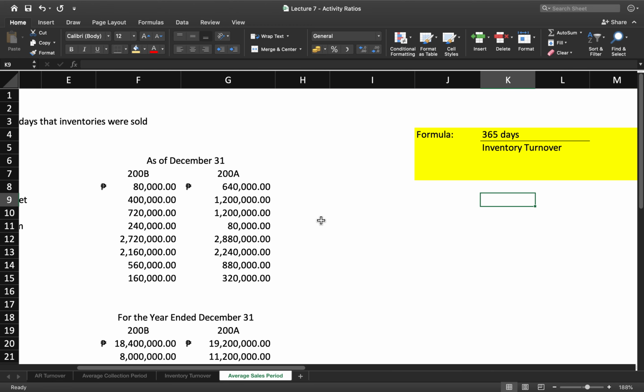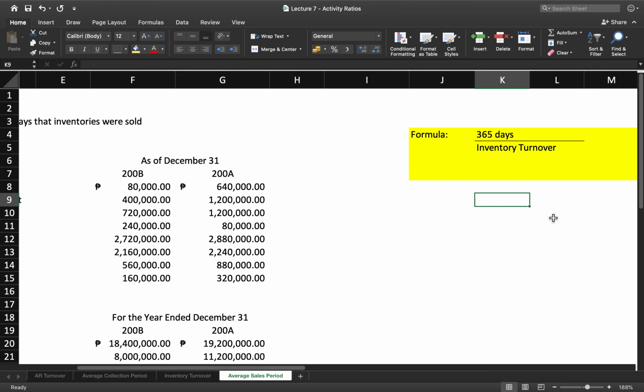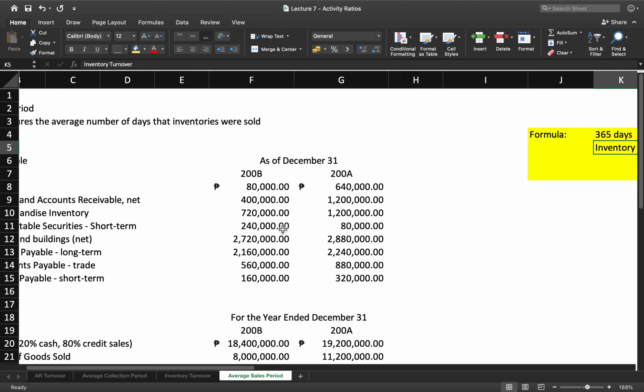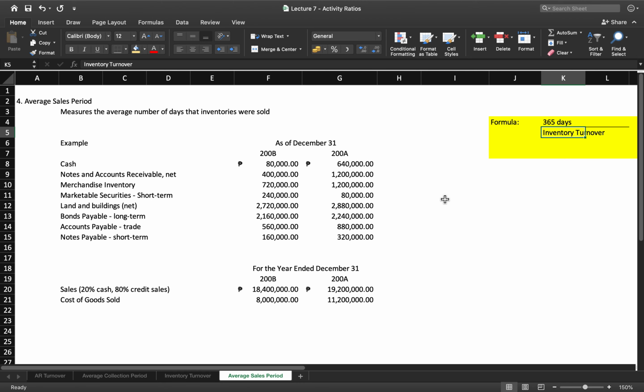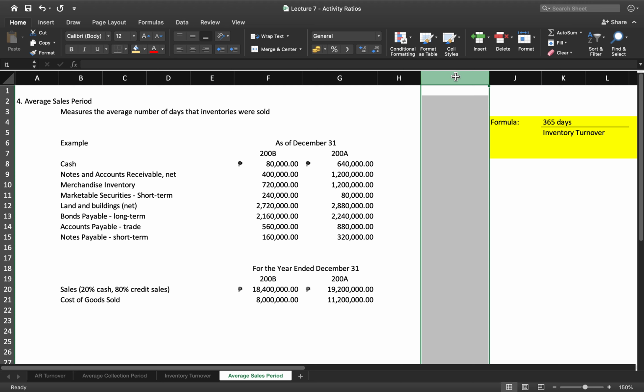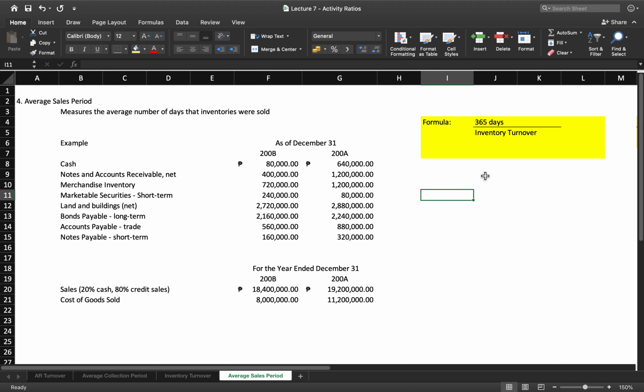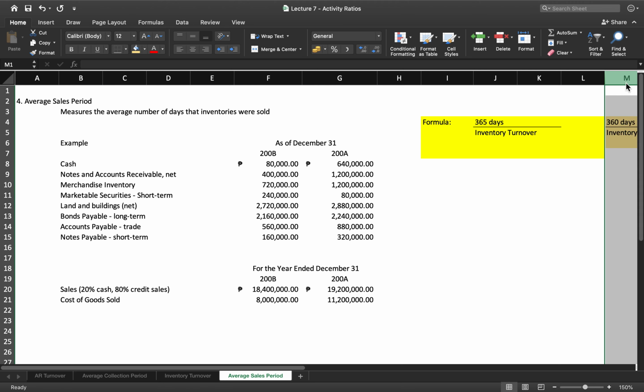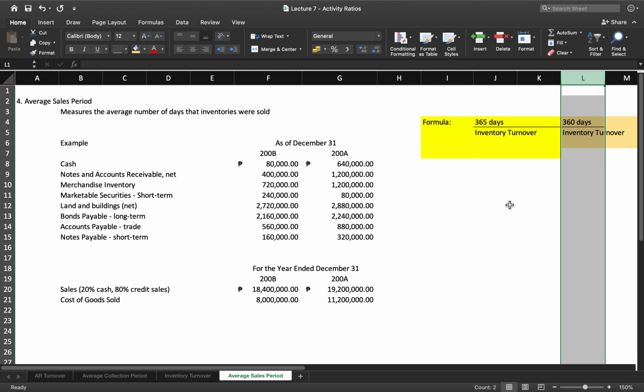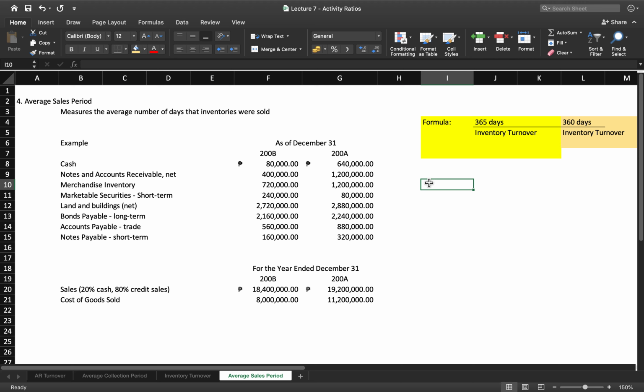Okay, so let us now solve for inventory turnover first. Kasi need natin yon. Pero na-solve naman natin siya kanina. Gusto lang natin ma-review, di ba? So, same information pa rin naman. Okay, so inventory turnover. How do we solve for inventory turnover?